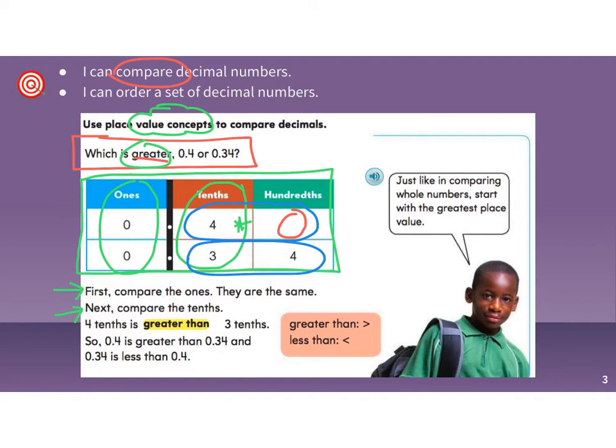So either way, by comparing just the number in the tenths column, or by comparing the set of numbers up to hundredths, 40 versus 34, either way is showing me that 0 and 4/10 is greater than 0 and 34 hundredths. So I can use these signs here. 0 and 4/10 is greater than 0 and 34 hundredths.